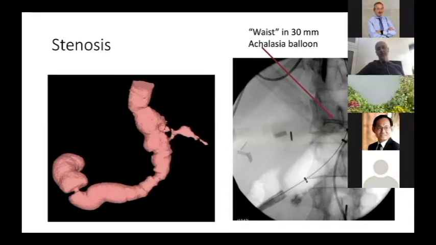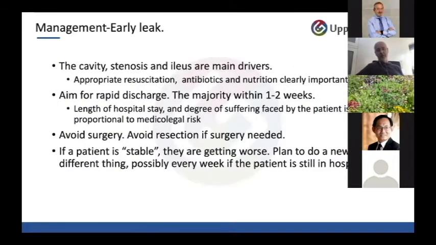And when you dilate the 30mm balloon, what you see is a stenosis at the angularis with a wasting of the achalasia balloon that fails to fully expand. But if you dilate these patients a couple of times, very often you can get away with not having to do anything complex, as the stenosis is functional rather than real.